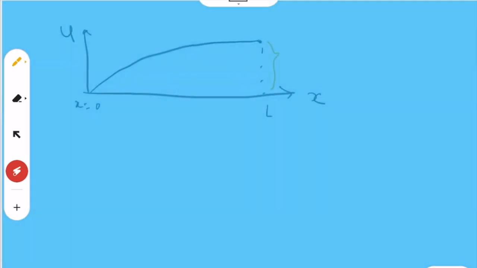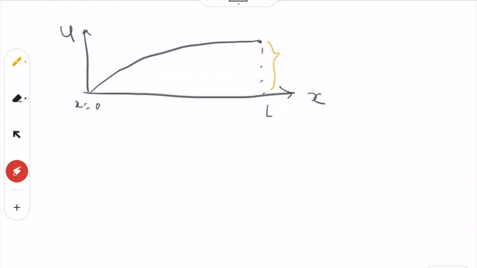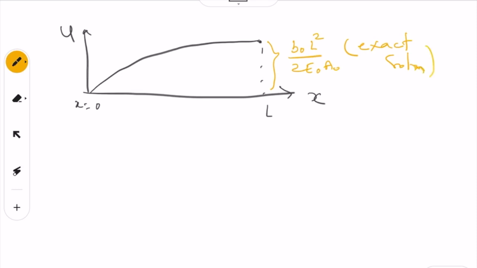So we will write here B naught L square over 2 E naught A naught, this is the exact solution.